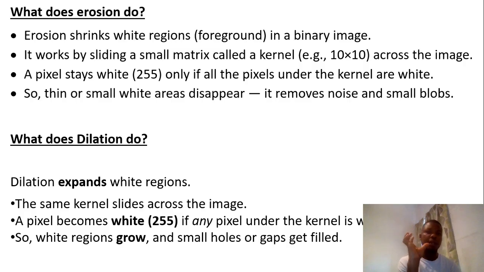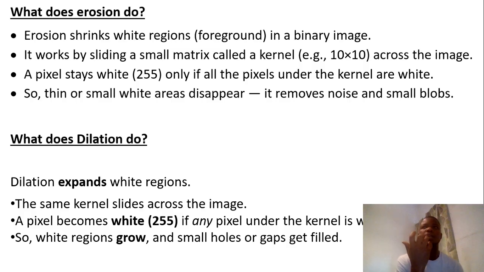All the background will be black, while the white that you're seeing will be the moving part. That's the part that it is going to capture. So erosion basically shrinks the white region. How does it work? It slides a small matrix of about 10 by 10 across an image, so that when we have small boxes, like points, we know that cannot be the image you are looking for. It has to be a large shape.